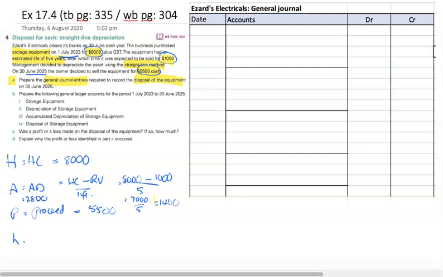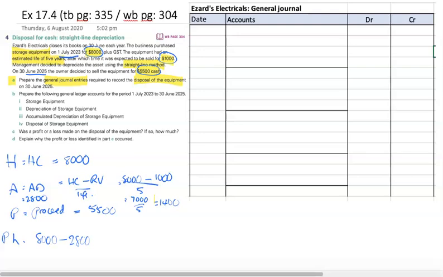And if you've worked that out, you've actually done the hard part. We do have one more thing to do. Did I make a profit or loss? I bought it for $8,000 and it's gone down by $2,800 when I'm getting rid of it.